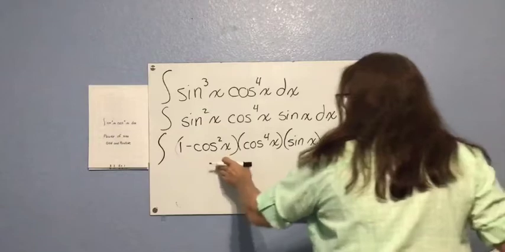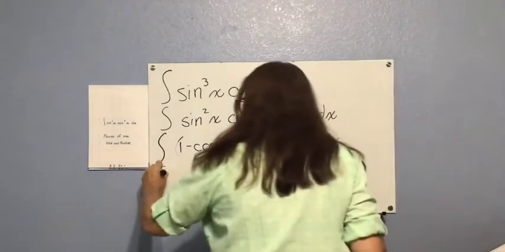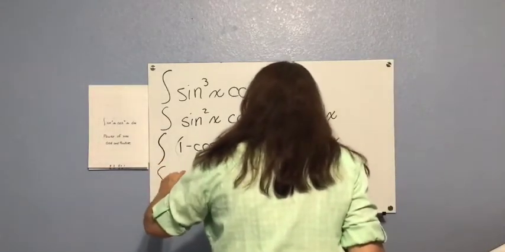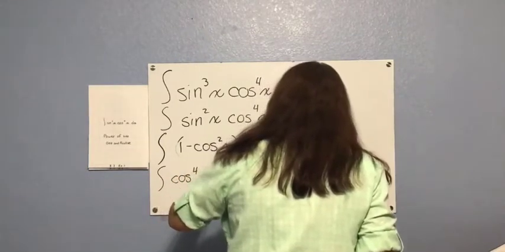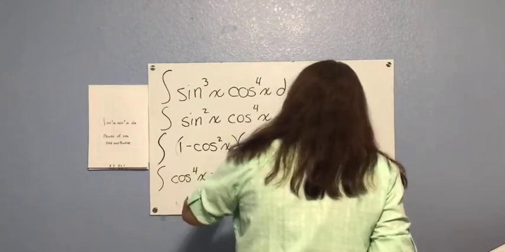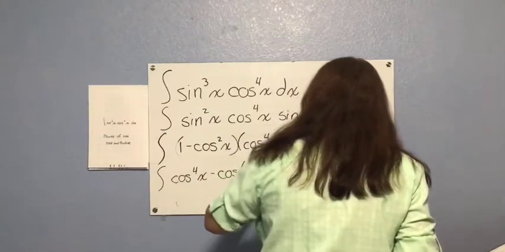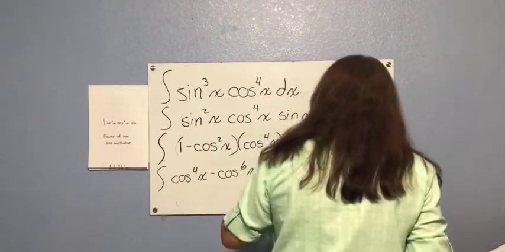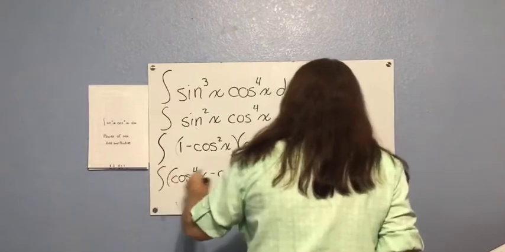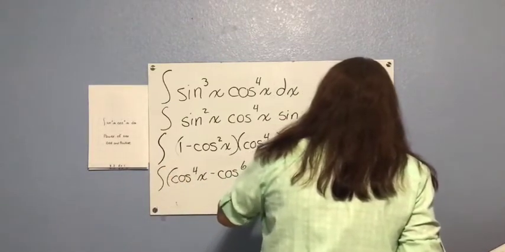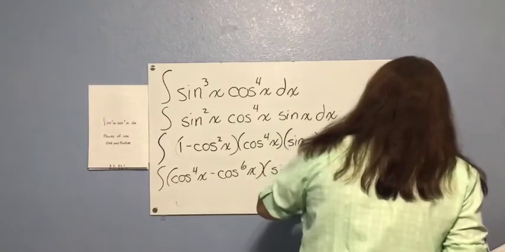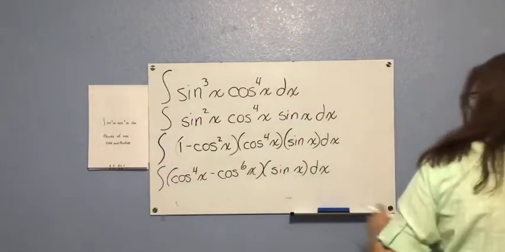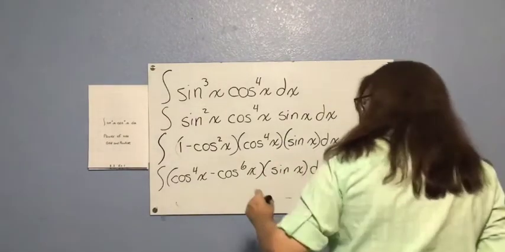Now we're going to multiply all my cosines together. So I'm going to have cosine to the fourth x minus cosine to the sixth x times sine x dx. I'll now break this into two integrals.